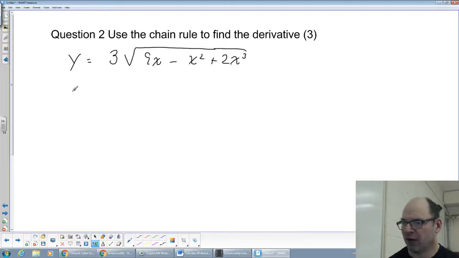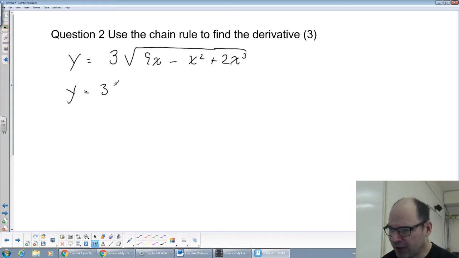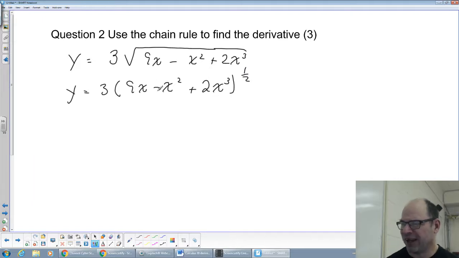If we did that one as a chain rule, we could rewrite it first of all as 3 times 9x minus x squared plus 2x cubed to the power of 1/2. So we have to treat this like a variable here in our chain. So this would be like 3u to the power of 1/2.